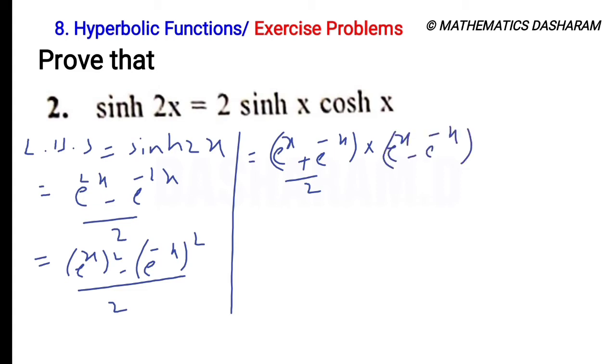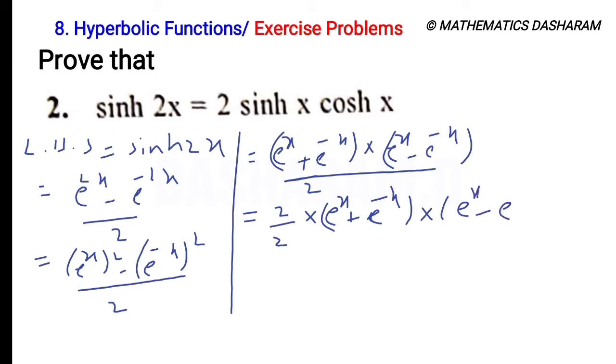Okay, so here what I am doing, numerator multiply with 2 and denominator also multiply with 2, so (eˣ + e⁻ˣ) into (eˣ − e⁻ˣ) by 2.